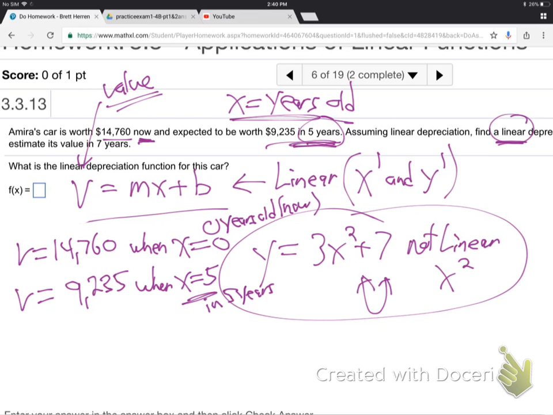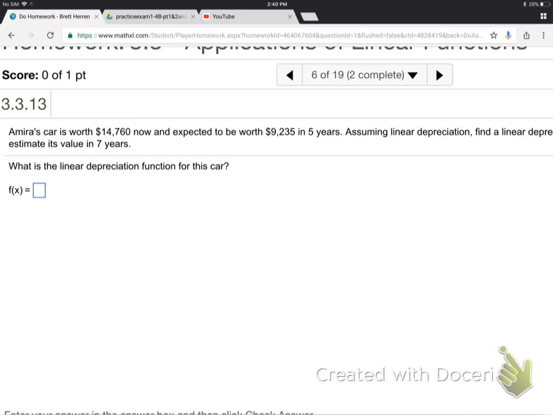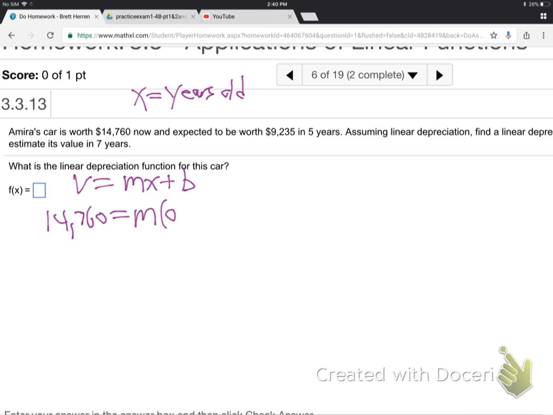Okay, so let me go to a fresh screen. Again, we're taking value is mx plus b. X is years old. So the first piece of information I will plug in: 14,760 value at 0 years old.